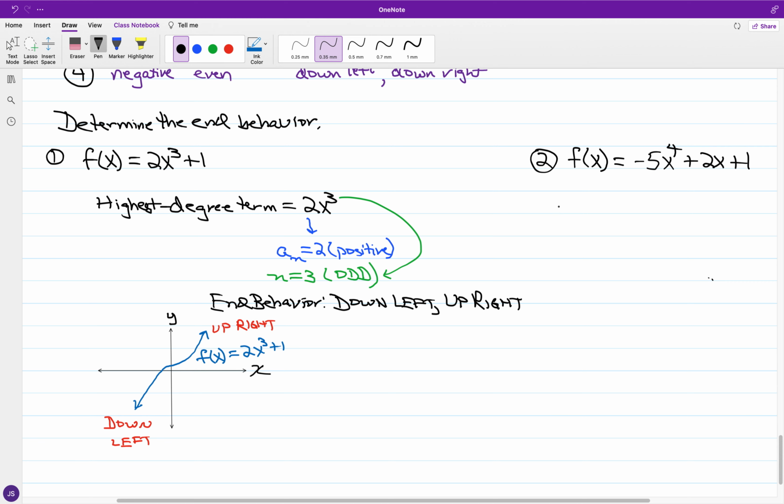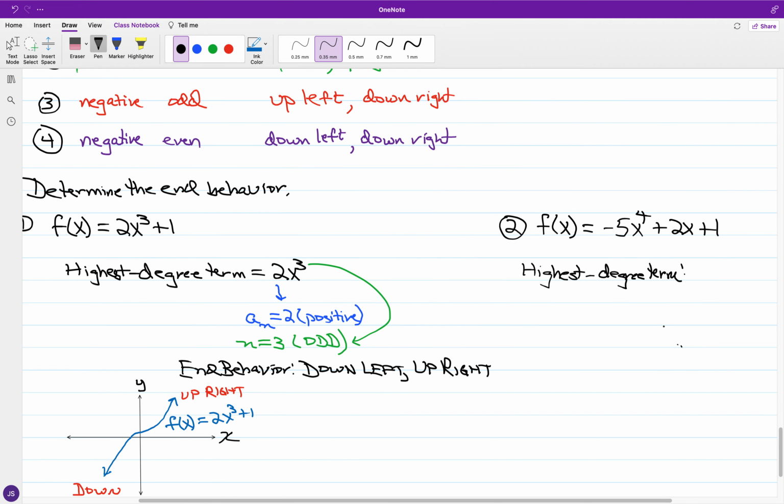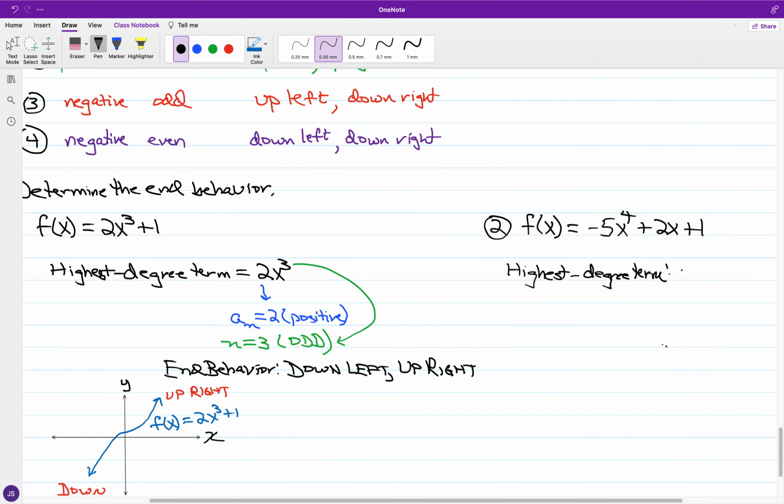For this expression, I have the terms in decreasing degree order, so the highest degree term is negative 5x to the fourth. Your leading coefficient, stemming from negative 5x to the fourth, is going to be negative 5.